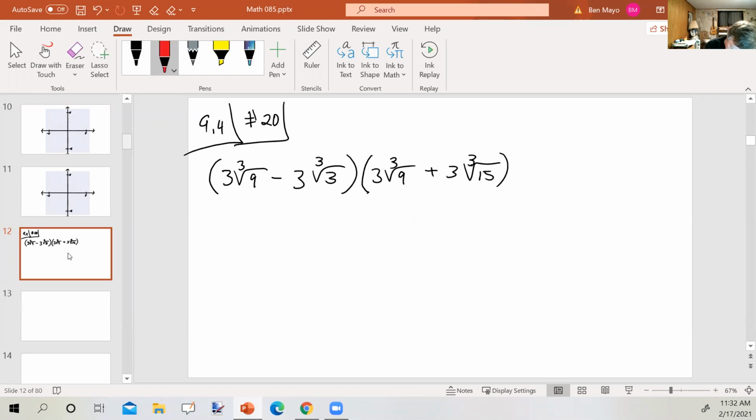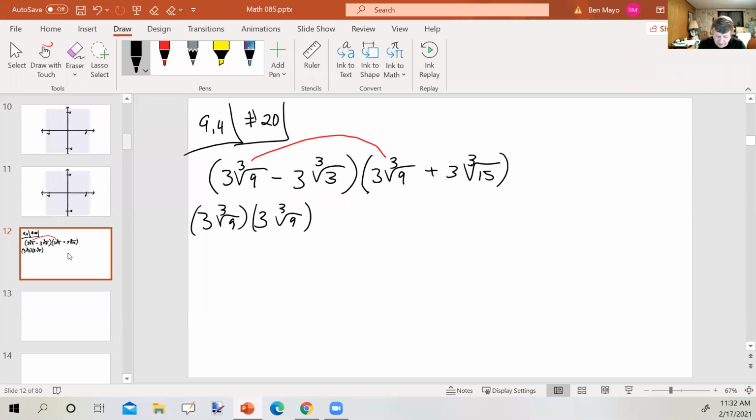So first of all, we're going to take that times that. So we get 3 cube roots of 9 times 3 cube roots of 9. Well, we'd have 3 times 3 is 9, cube roots of 9 times 9, which is 81.